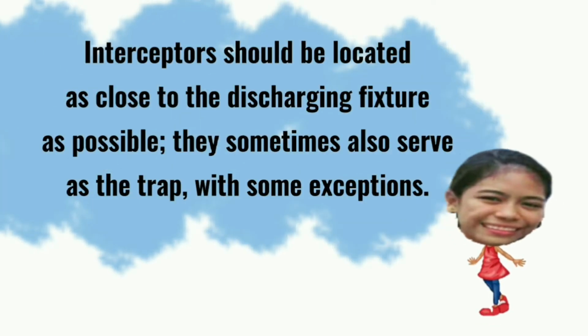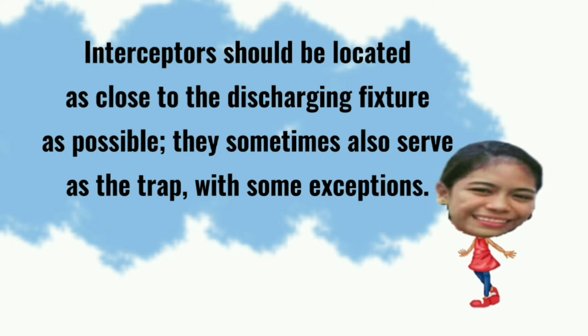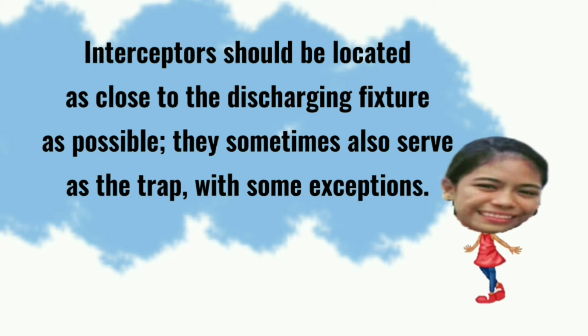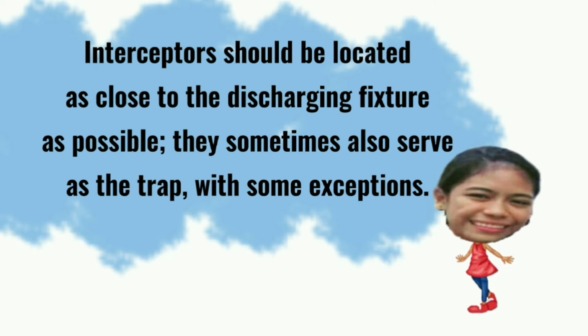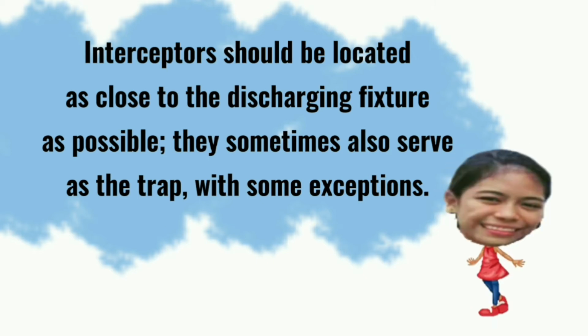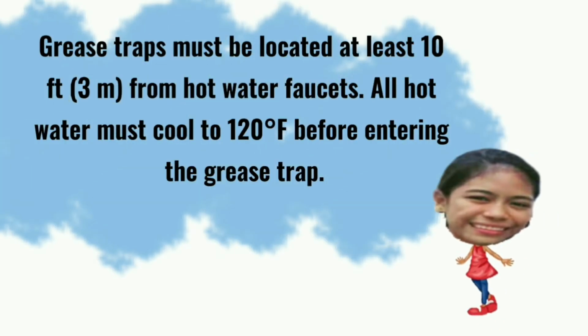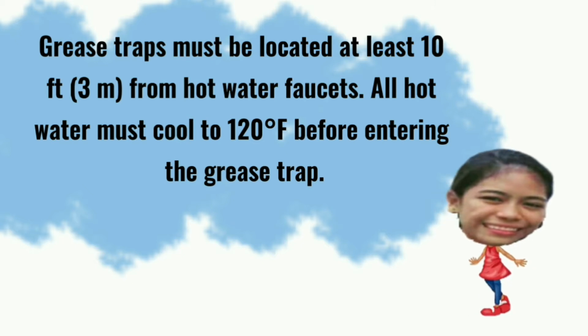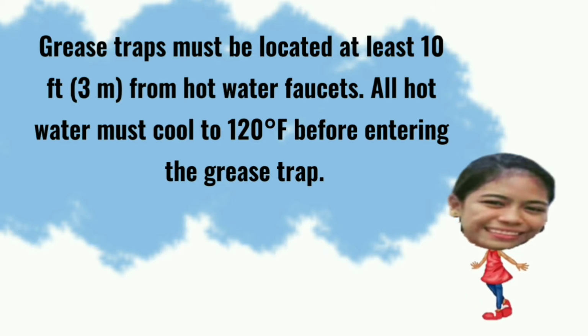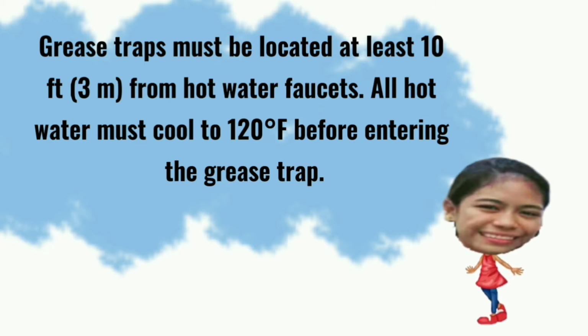Interceptors should be located as close to the discharging fixture as possible. They sometimes also serve as the trap, with some exceptions. Grease traps must be located at least 10 feet or 3 meters from hot water faucets. All hot water must cool to 120 degrees Fahrenheit before entering the grease trap.